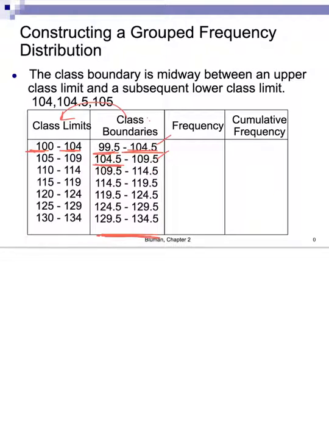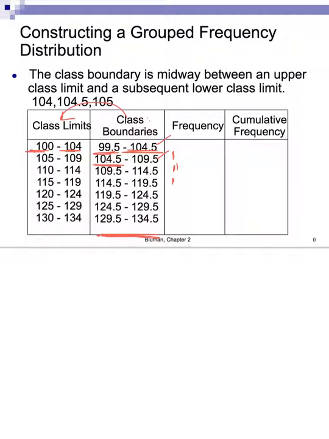And then what we could do is we could go through and we could do a tally. We can go through and say, okay, the very first temperature was 112, so 112 is going to fall right in here. The next one was 110, it's going to fall right in here. The next temperature is 107, that's going to fall in this class. The next temperature is 116, that would fall here.